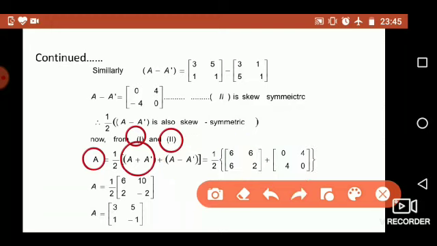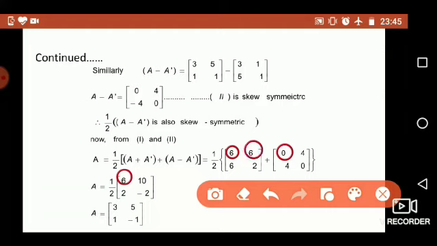Therefore the sum of these two is equal to A, which is 1 by 2 times 6 plus 0 gives 6, 6 plus 4 gives 10, and 6 plus 4 again gives 10, and finally 2 plus 0 gives 2, with the minus sign. Therefore we divide throughout by 2. 1 by 2 into 6 is 3, 1 by 2 into 10 is 5, 1 by 2 into 2 is 1, and 1 by 2 into minus 2 is minus 1.